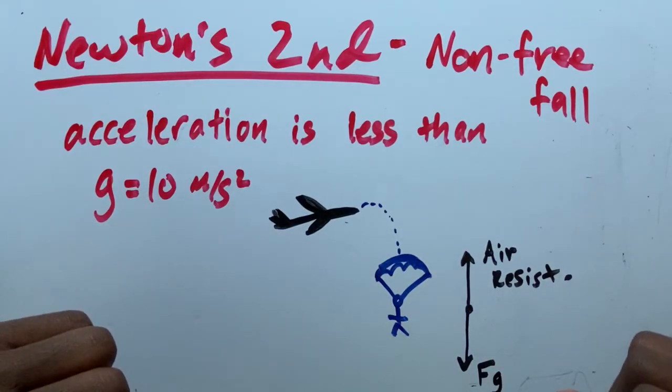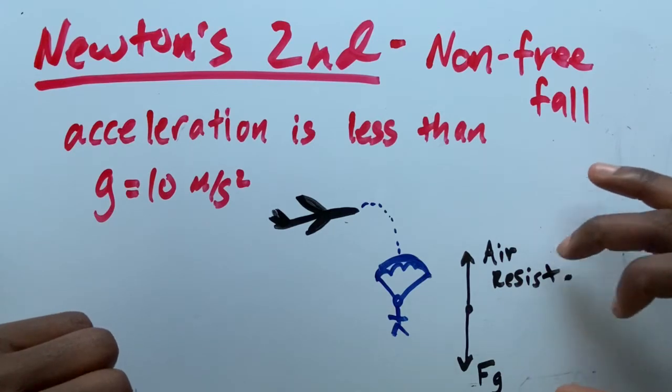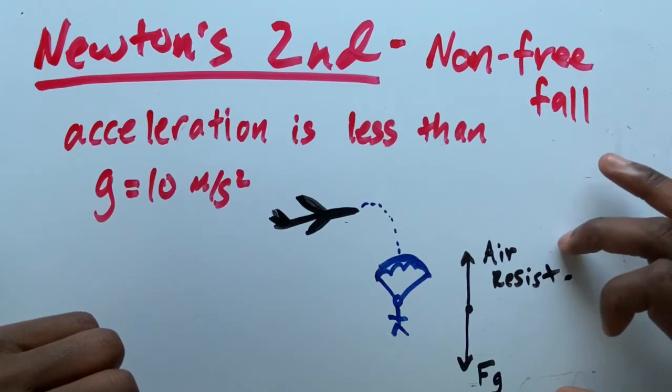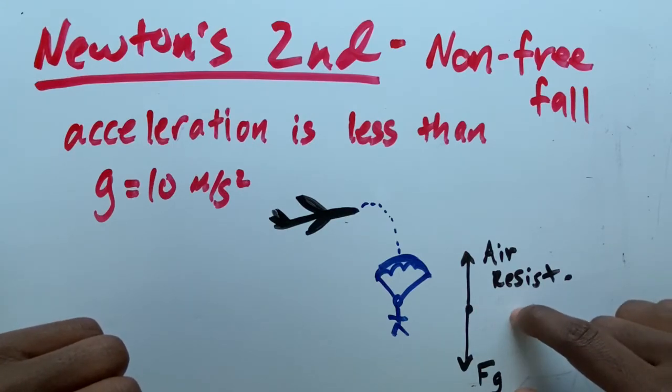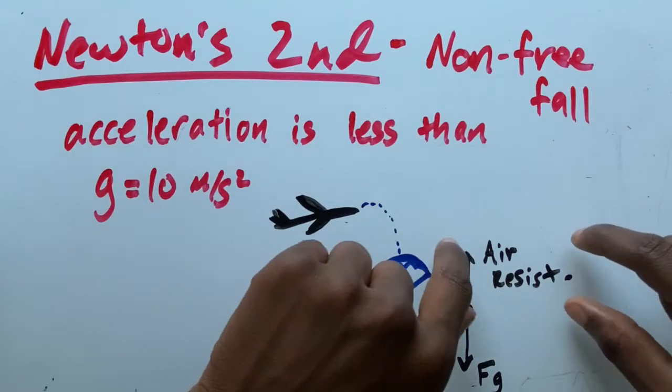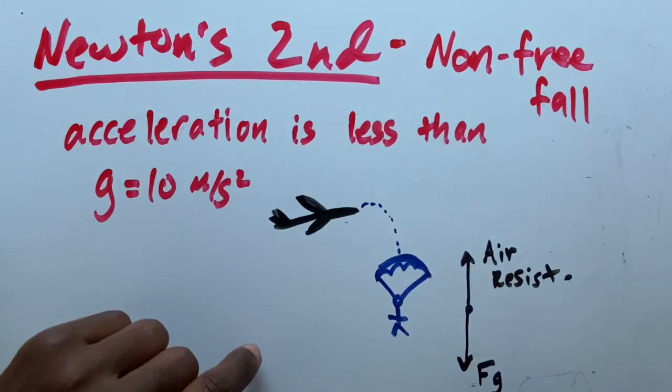All right? And so basically these two forces are going to cancel each other out. So whatever your force of gravity is, it's going to be canceled out by the air resistance pulling upwards.